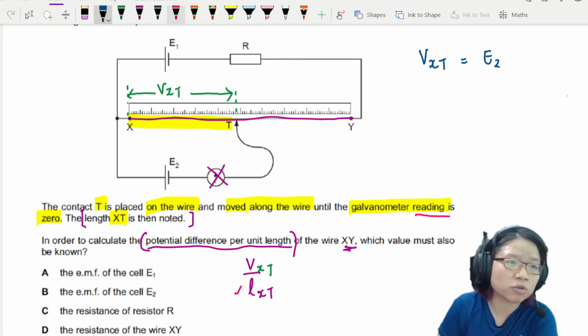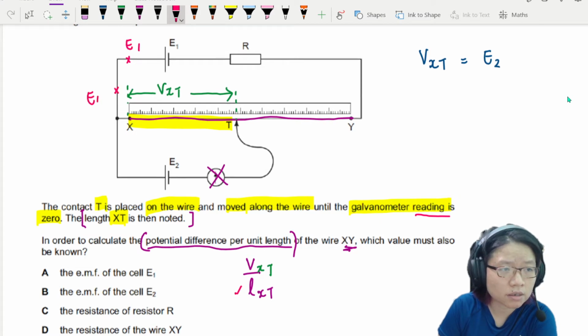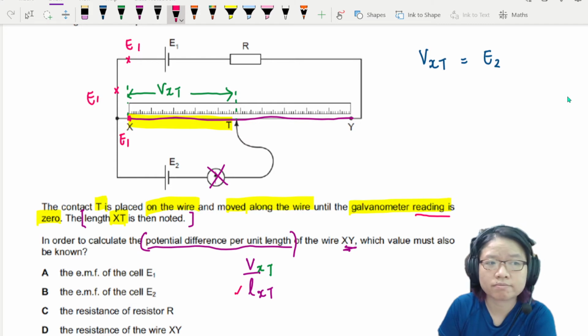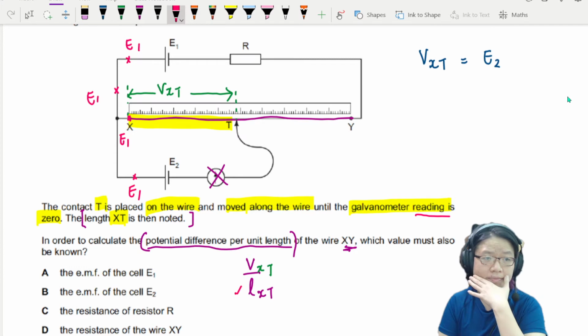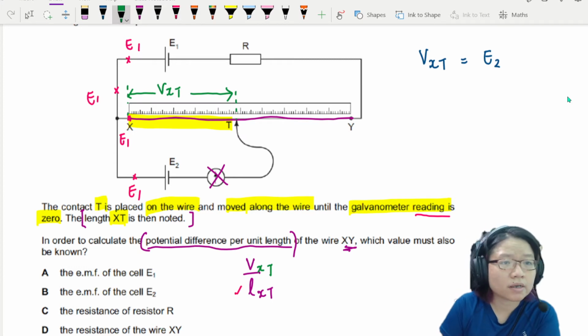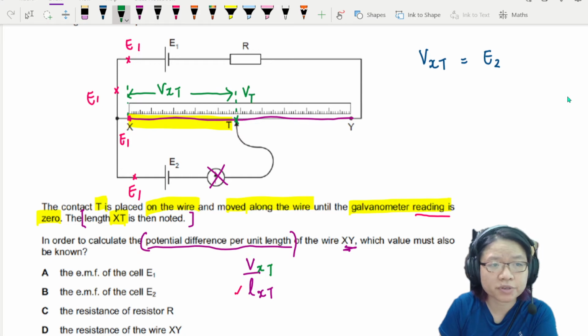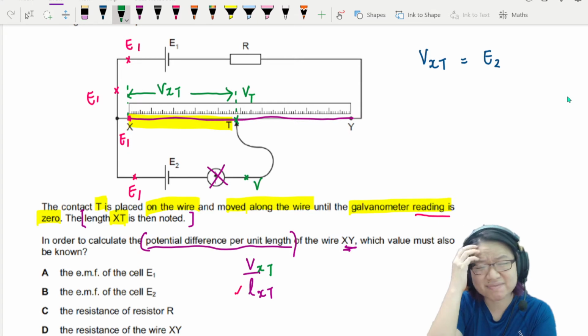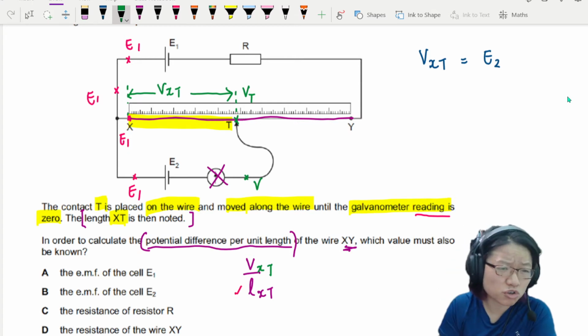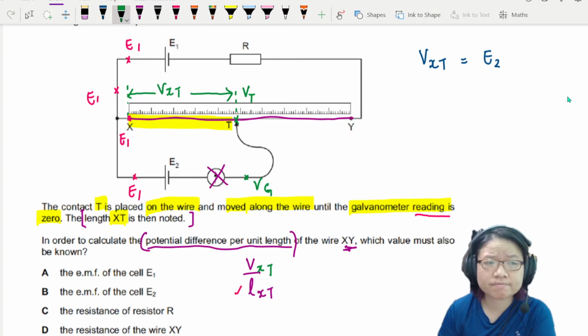If you really want to map out the whole thing, everything around here is E1, E1, E1, and by this point here, you reach E1, just like this point here is also E1. Let's say this point here is Vt, potential at T. And let's say this point here is, I don't know what to call this, guys, maybe Vg, because it's beside the galvanometer.